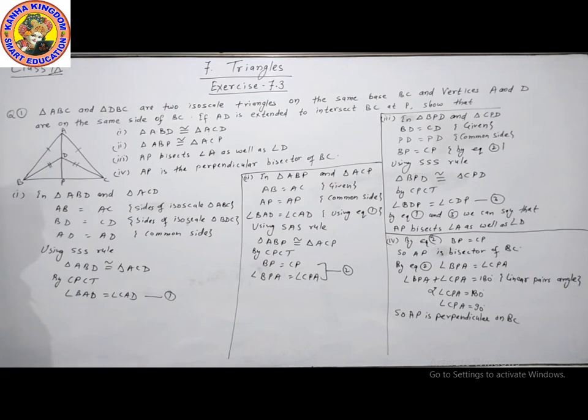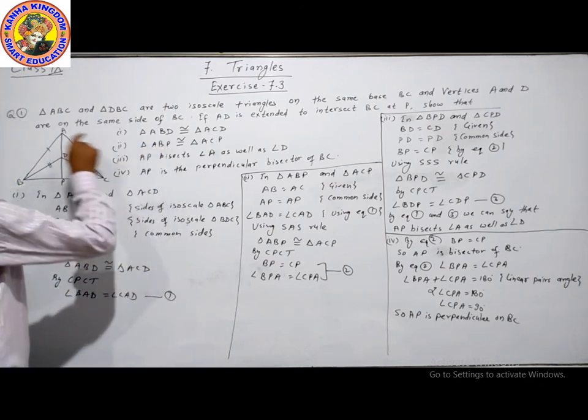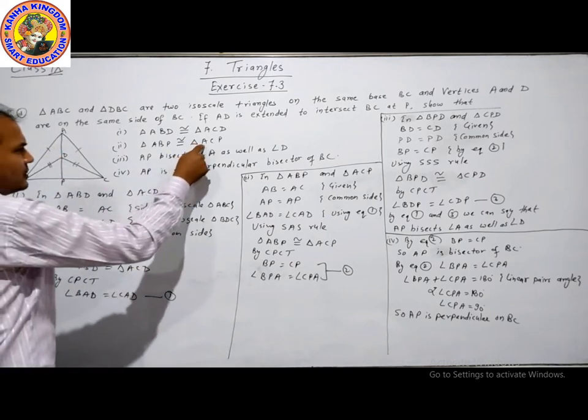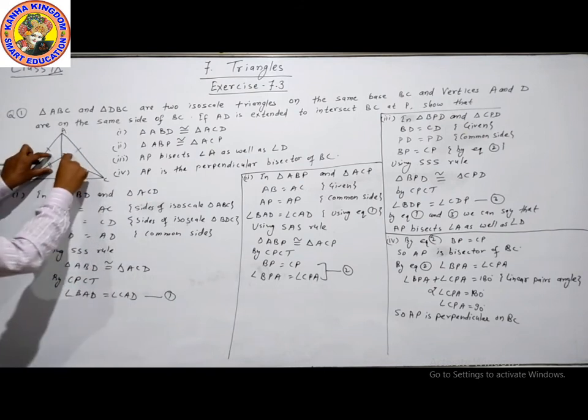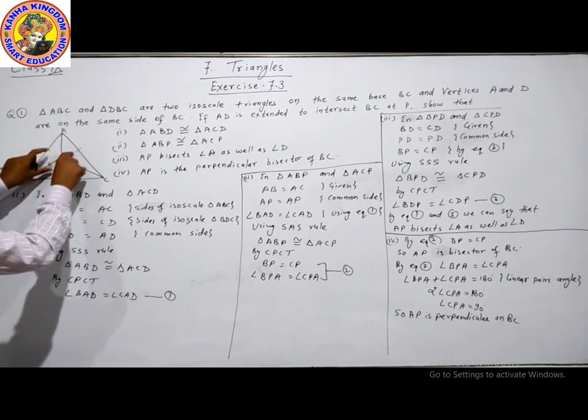In the second question, triangle ABP, this large one, and triangle ACP, this large one. These triangles are congruent. AB and AC are given in the question.